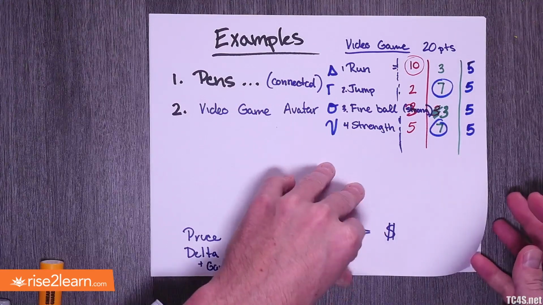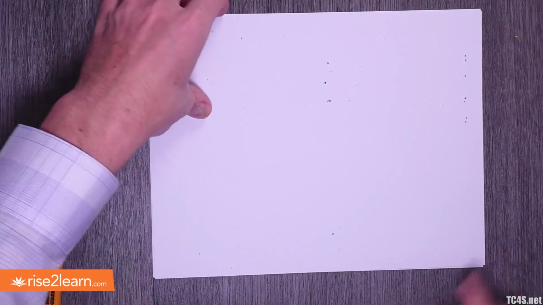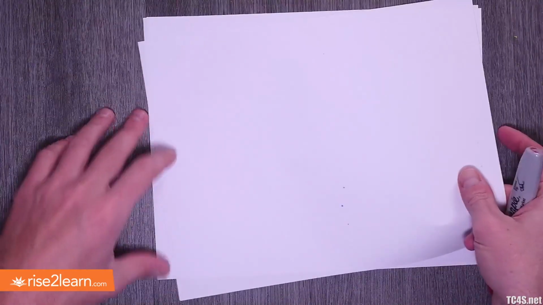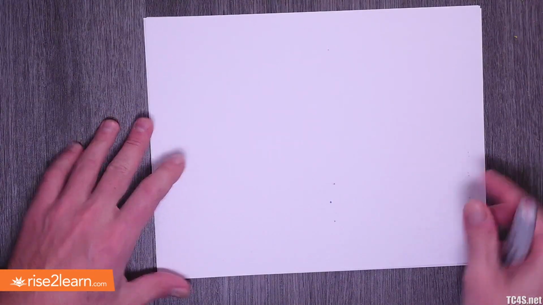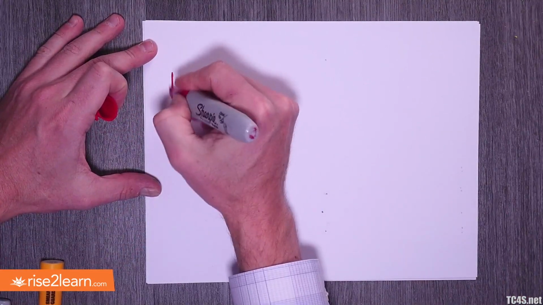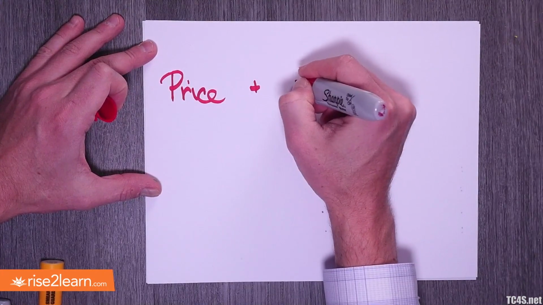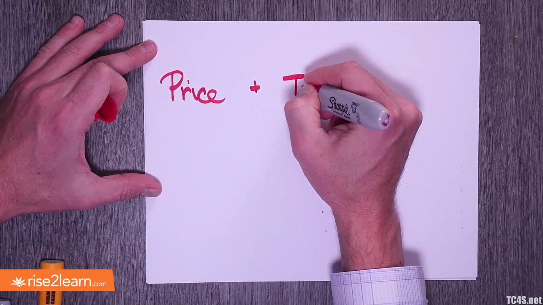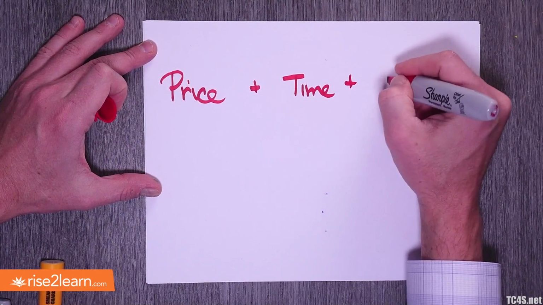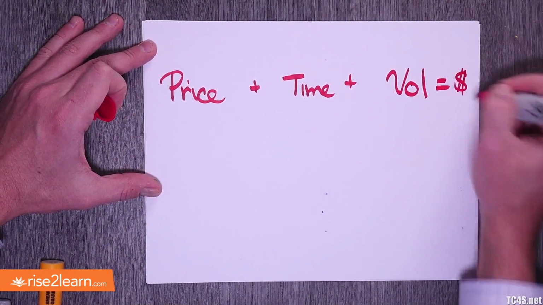If I'm looking at our big formula in terms of how everything is set up, here's the interesting part. Let's get into it right here. So if I got price plus time, or theta, plus volatility, and there's our money, obviously.